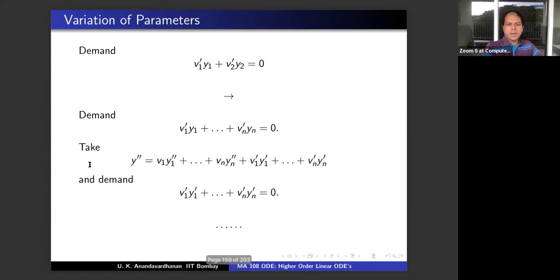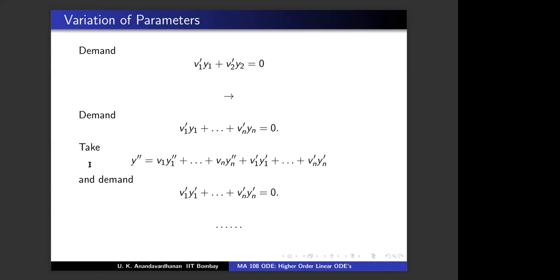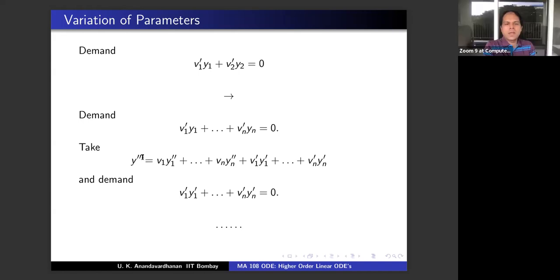Can you repeat this again? What I am saying is, here you have to demand something, right? That much you remember. Now the only confusion is you are demanding this to be 0 or this to be 0. I'm saying that there are two ways of remembering this. One way, whatever remains, you will demand something to be 0, and whatever remains should be such a term where higher derivatives should remain, because only then you can plug it in.